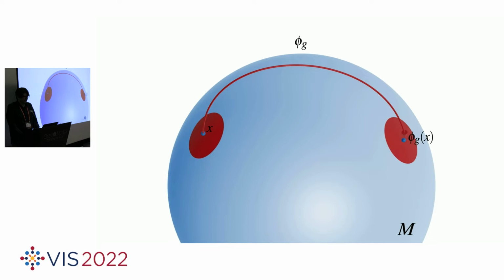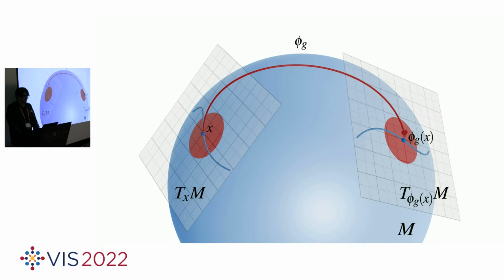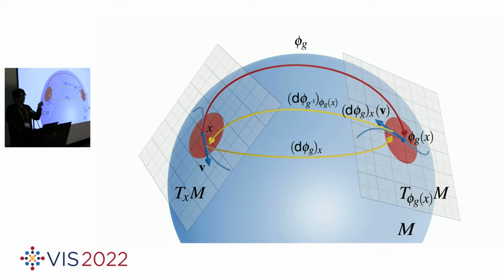We have our two different tangent spaces. This could now also be tensor spaces, but to keep it simple, we do the illustration with vectors. This is just a repetition: we can get this vector here from the other tangent space back to our original tensor space by using the inverse of the push forward.